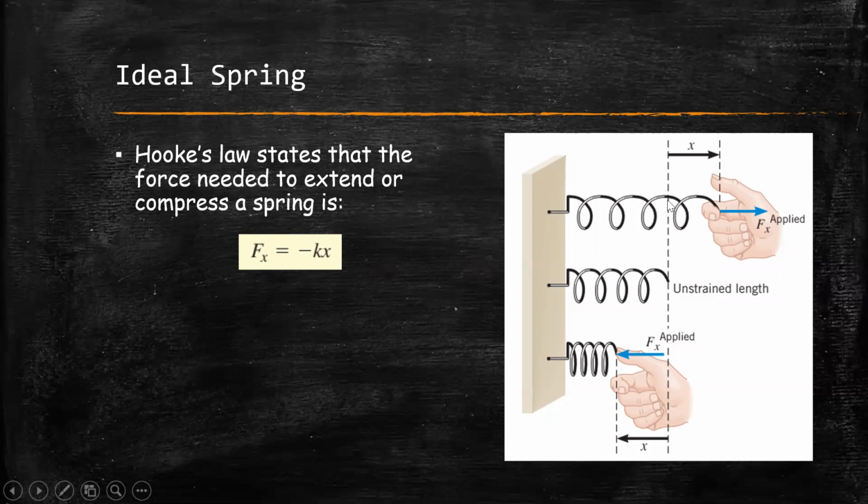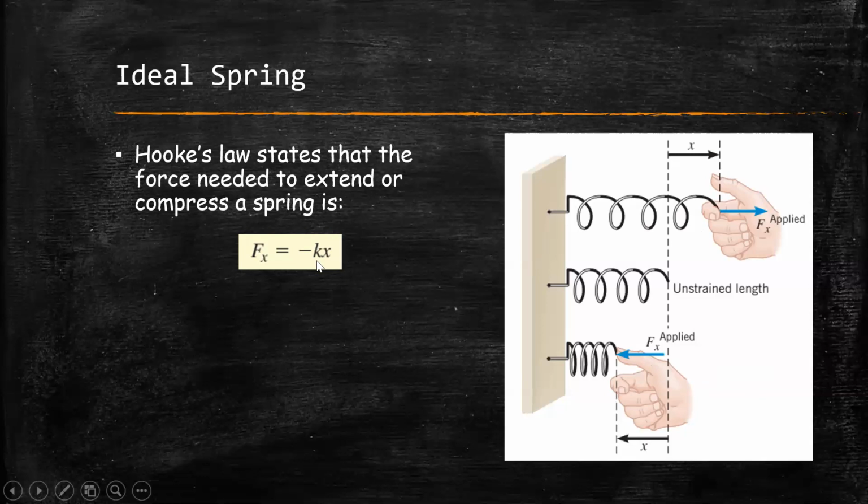Let's say at the top drawing, the displacement x is in the positive direction, but the restoring force that the spring produces is in the negative direction, directed to the left. Or otherwise, when the displacement is in the negative direction, the restoring force of the spring is directed to the right.